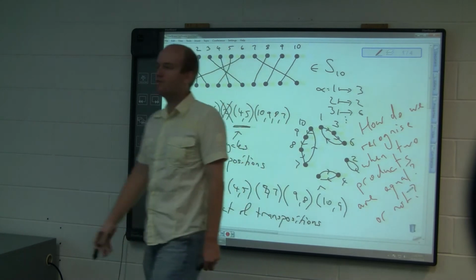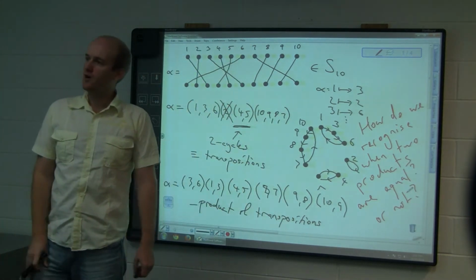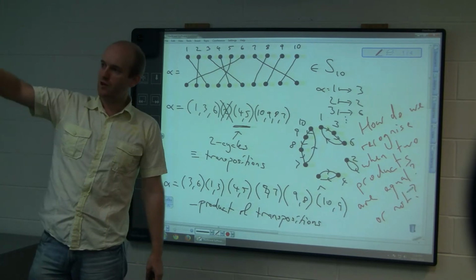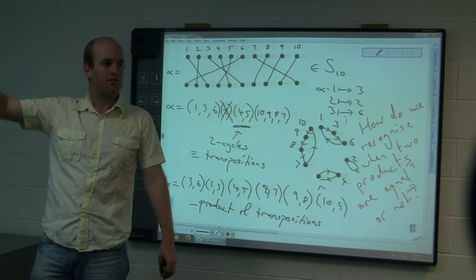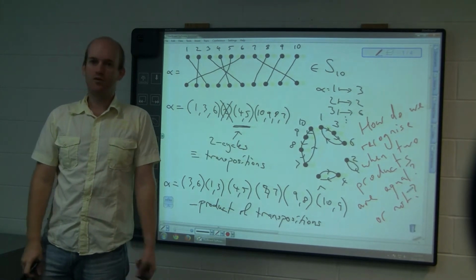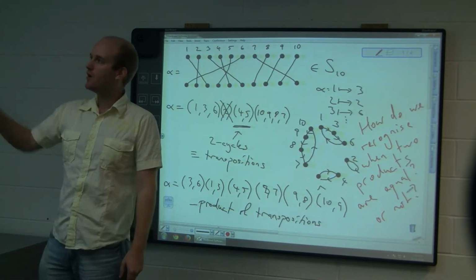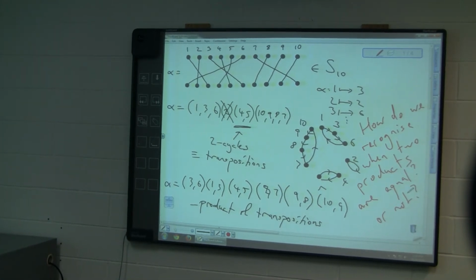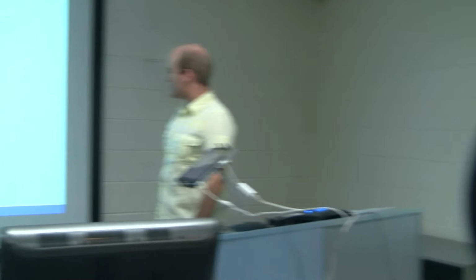So we'd like to be able to write down some kind of governing system of equations that are satisfied between all the transpositions that tell us when your product of transpositions equals my product, or if they're not. And that's what we're going to talk about on this first slide. So I'll go back to this presentation over here.